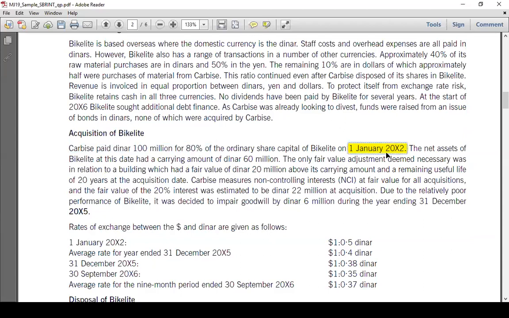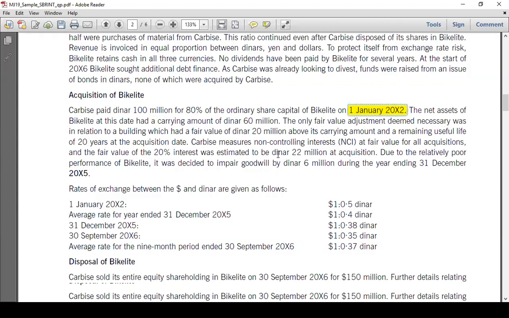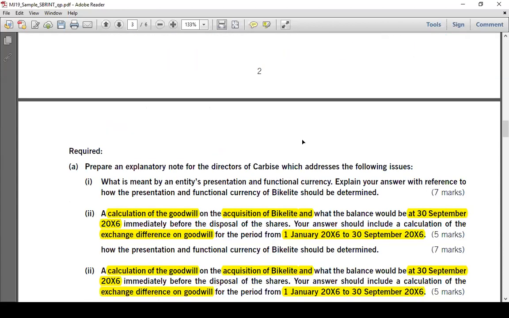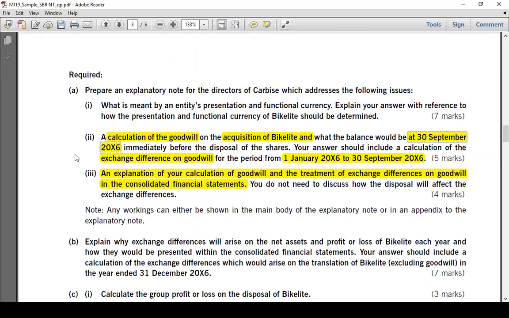So this is the date of acquisition. And the question is asking on acquisition, and which means a new requirement, 30th September 20x6, which means 4 years after the purchase date. Getting this, Ahmad, how we need to identify whenever you find and, you should actually be breaking your answer for the requirement before and for the requirement after and, because these are two different requirements in a single part.